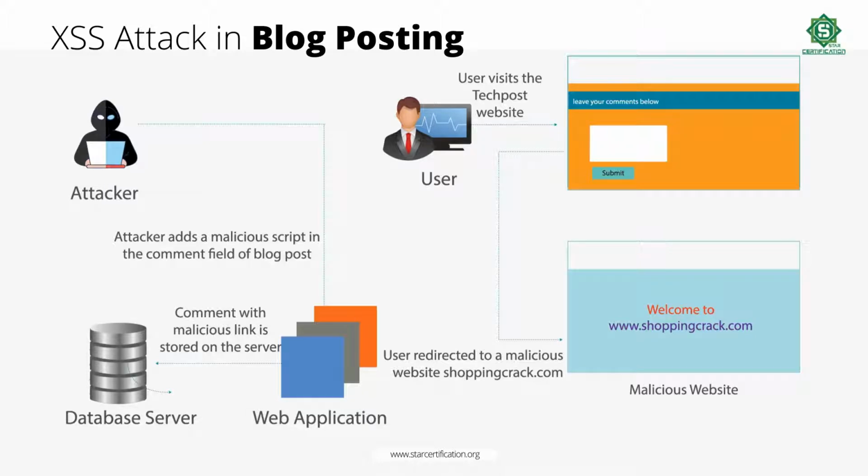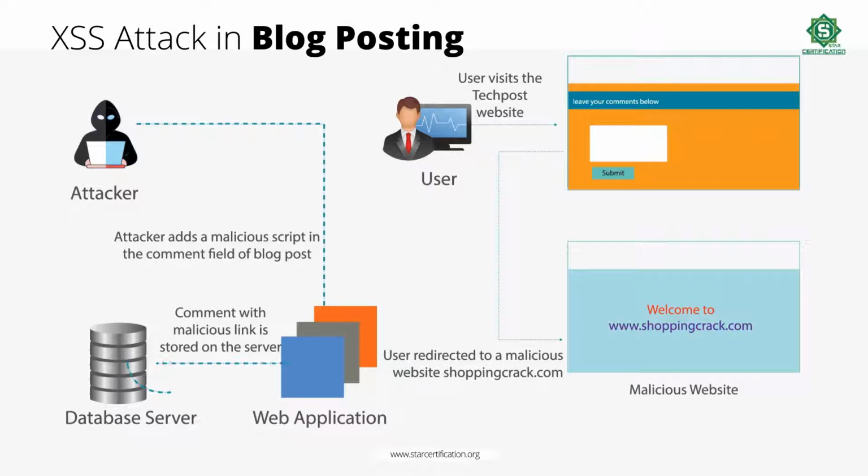Blog posting is a very common approach which helps users provide comments and feedback to genuine websites. The attacker can use these blog posting sections to launch an XSS attack on websites, as shown in the image. In this approach, an attacker adds a malicious script in the blog post section of a website.